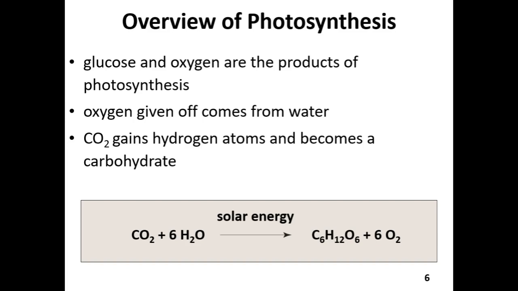So what's actually happening in photosynthesis? Carbon dioxide is taken in, as is water, and we reduce the carbon dioxide, so add hydrogen ions and electrons to the carbon dioxide, and we oxidize the water, so we take away those hydrogen ions and electrons, and we produce glucose, which is a carbohydrate, and we produce oxygen.